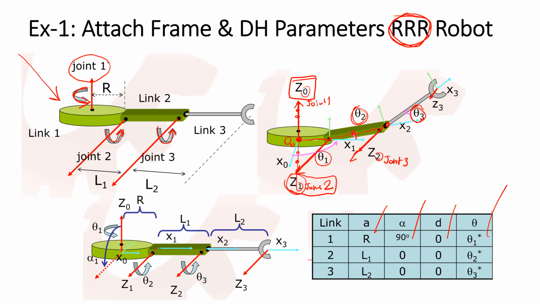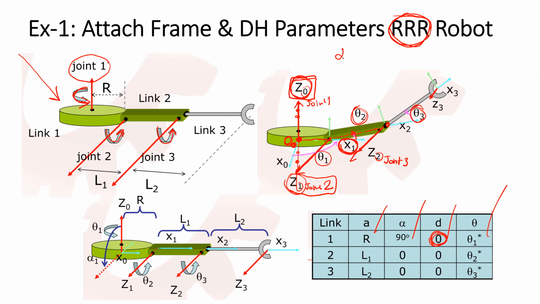The advantage of putting this on the same level is that the offset will be 0. The offset is the distance between O0 and X1 along the Z0 axis.